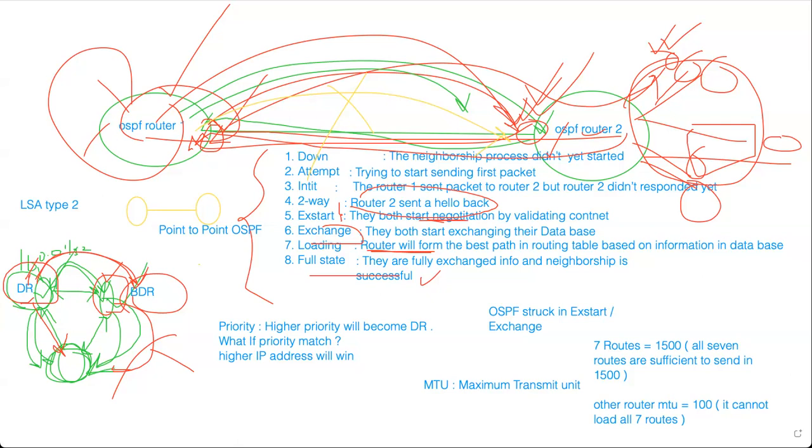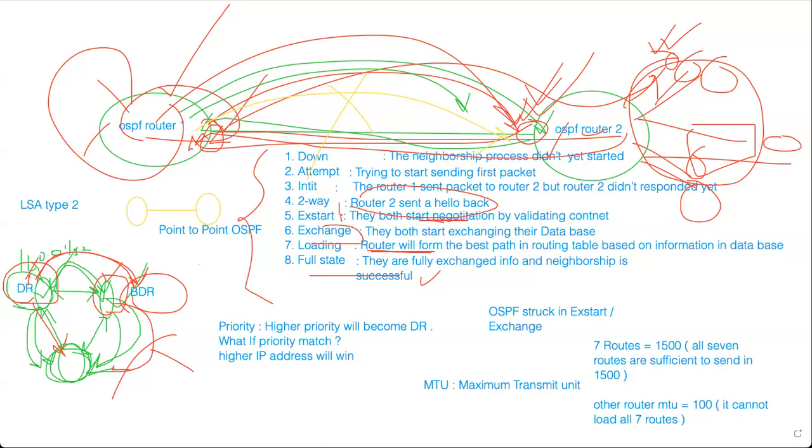Hello packet is to form the neighborship, but what is it called that is used to talk to its neighbor? Discovery mechanism? It is called LSA, link state advertisement. So OSPF neighbors will talk to each other based on the LSAs.